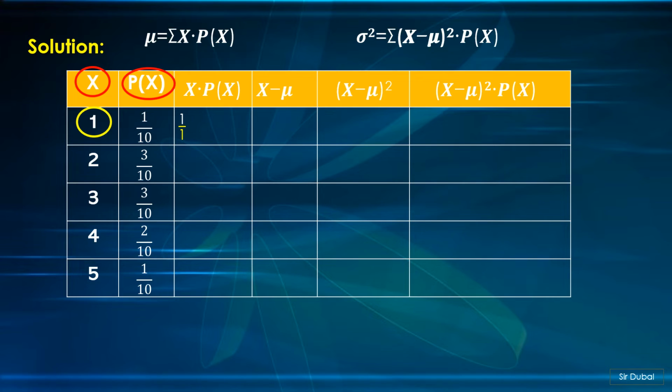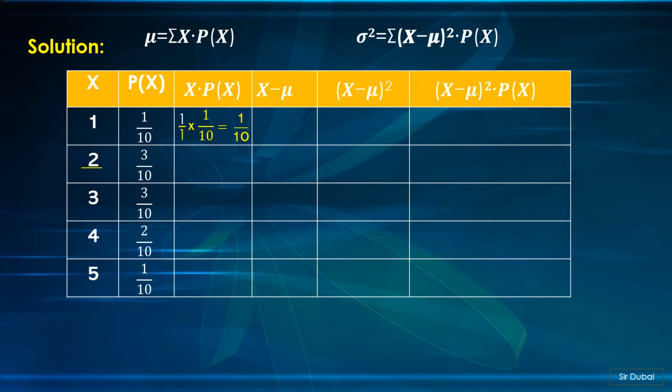And we all know that any whole number has a denominator of 1. That's why our 1 there has also a denominator of 1. So let's proceed. 10 times 1 over 10, that is equal to 1 times 1 is equal to 1 over 1 times 10 is equal to 10.